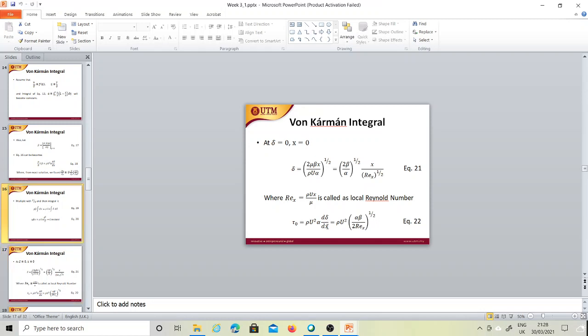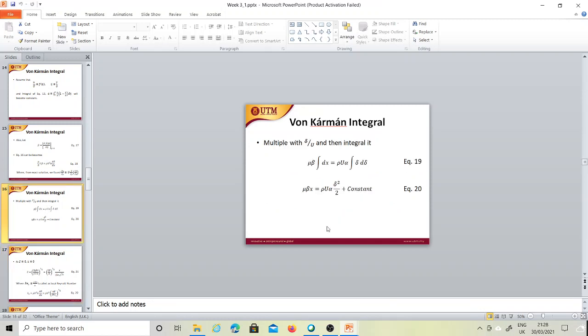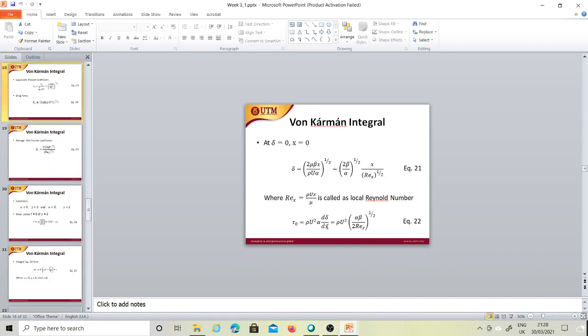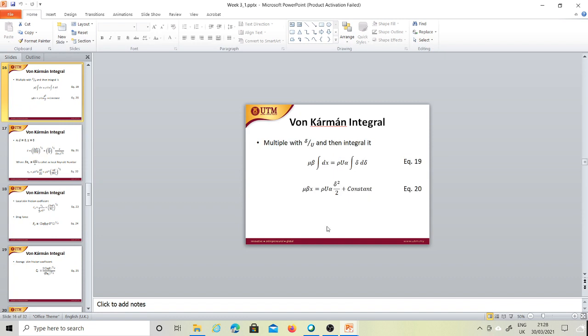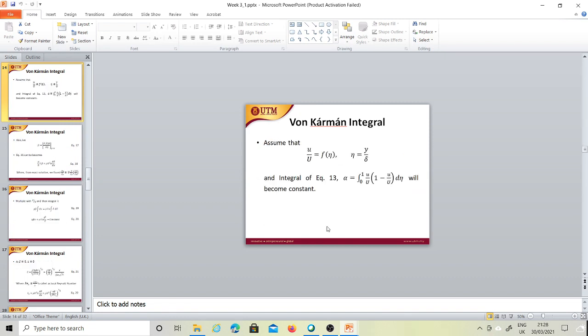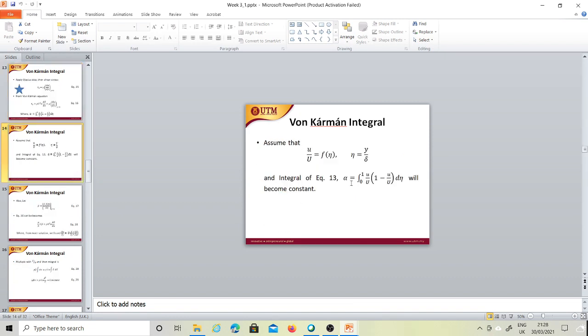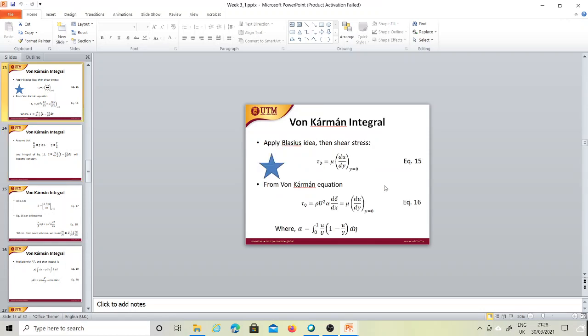And alpha is the integration from 0 to 1 of u by u naught times 1 minus u by u naught, with respect to eta. It means we are replacing y with eta. So if you remember from my explanation, alpha is like this. You have to remember this one.